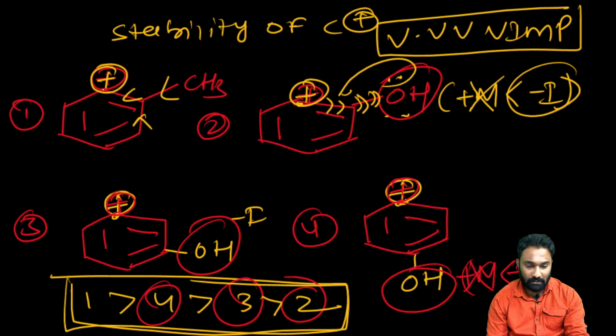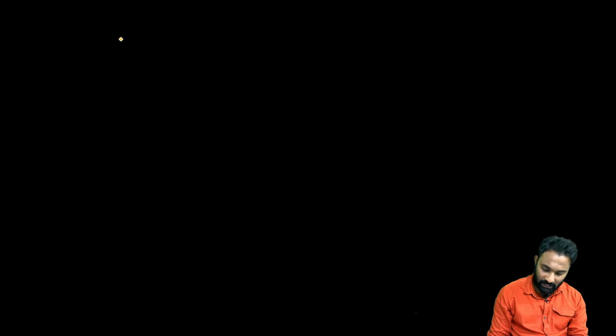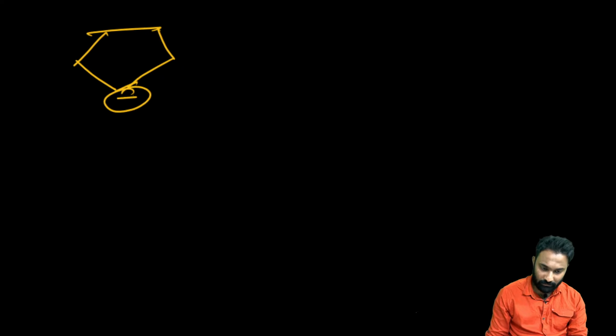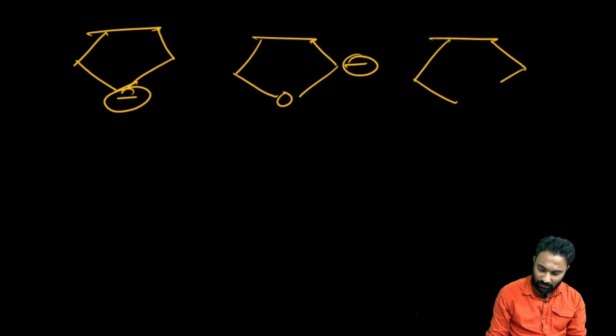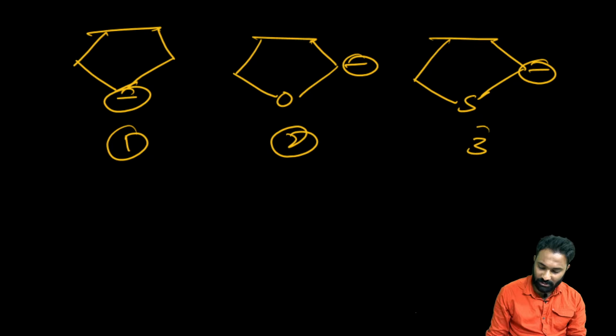Next. Okay. Now in the carbanion case we'll move on. In the carbanion case, suppose they have given this carbanion 1 and the next carbanion, here the negative charge, and suppose sulfur they have given here, and here it is a carbanion. Among the 1, 2, 3, which is the more stable carbanion?